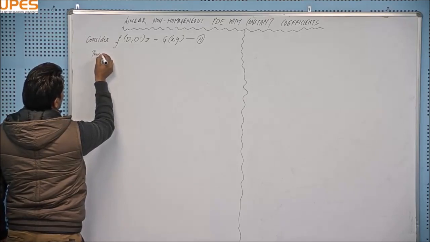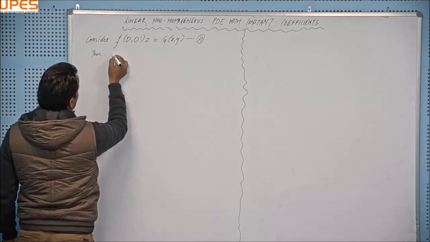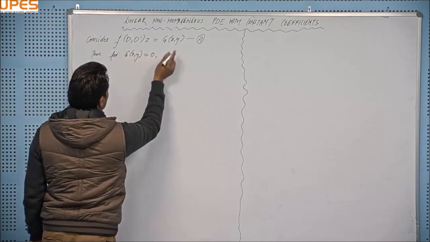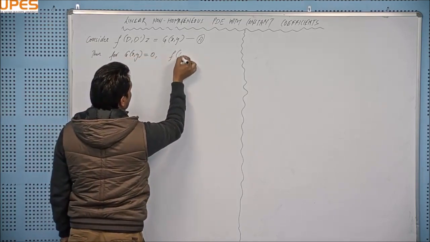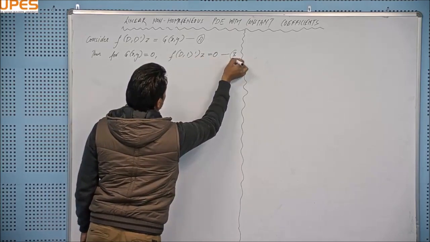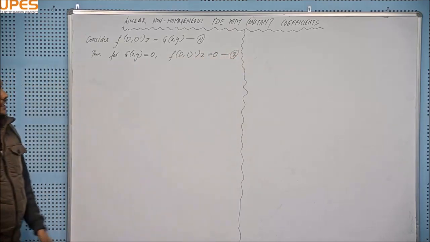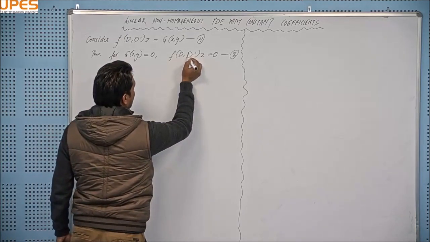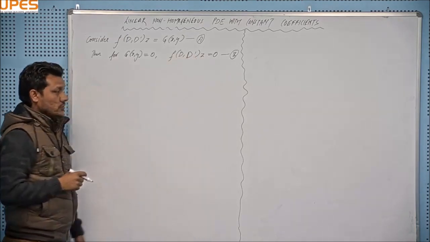Then for G(x, y) equal to 0, if I put this equal to 0, I will be getting F(D, D') z equal to 0, equation number B, right? Now how to solve this?